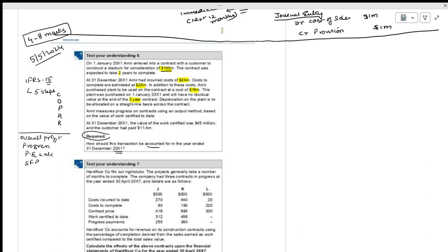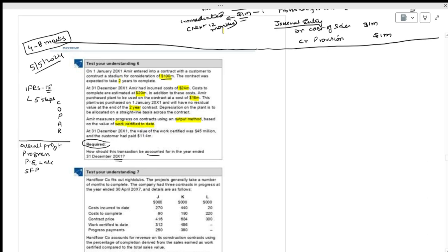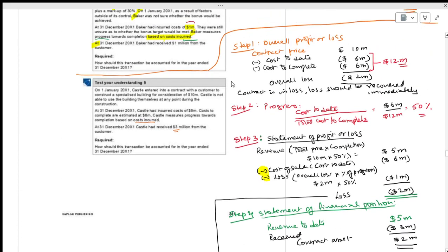Amir measures progress on the contract using which method? Using the output method, based on the value of work certified to date. There is something related to this in the previous case.